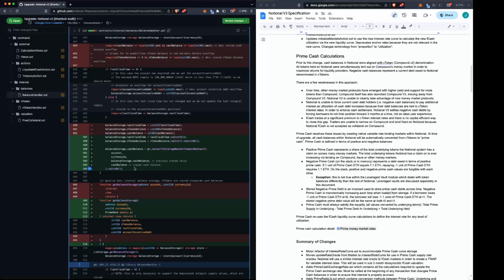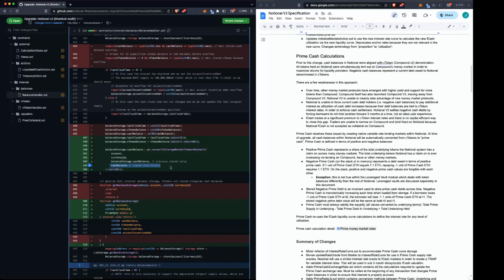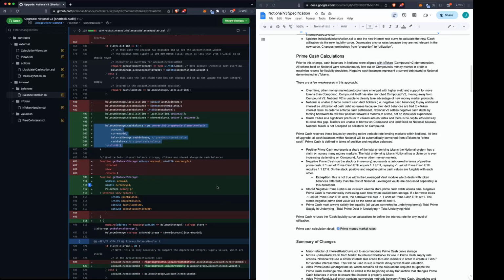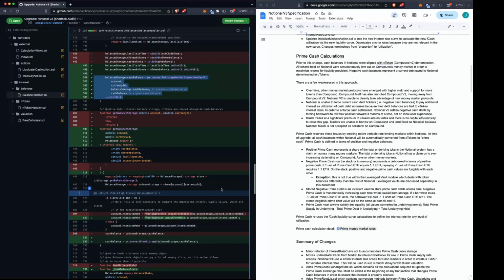So the change here is that if the cash balance we're trying to set is negative, inside this convert to storage, a number of things will be triggered to convert that to the right value, and perhaps update the utilization on the prime cache curve. This is an important bit of code, I would say, in this entire upgrade.